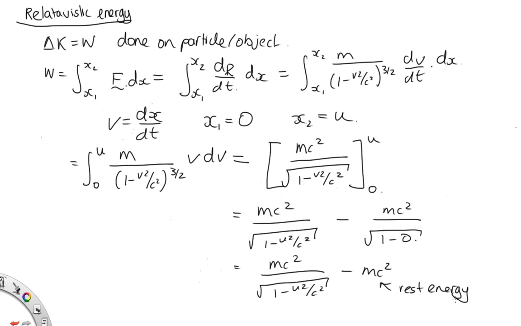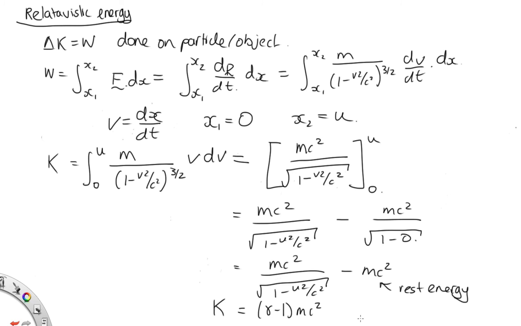So it's just due to the mass contained within the object. If the object was at rest, it would have energy mc squared. So if we wanted, we could write this as kinetic energy. W is equal to K, so the kinetic energy we can write as (gamma minus 1) mc squared.